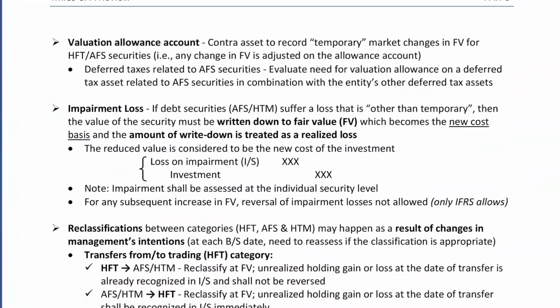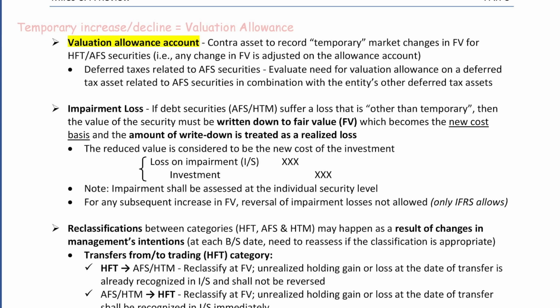Turn to page 11, where we have highlighted the valuation allowance account. So basically, this is a contra asset to record temporary fair value changes for held for trading or available for sale securities. That means any change in fair value is adjusted on this allowance account. And we saw this allowance account in the examples on the previous page.